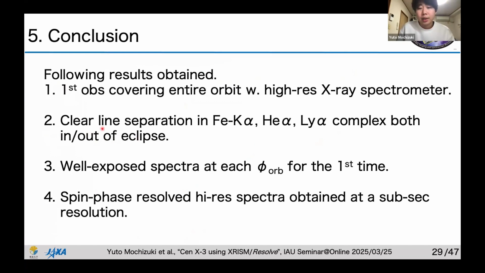Clear line separation was observed in the complex iron lines, K alpha, helium alpha, lyman alpha, both in and out of eclipse. Well-exposed spectra at each orbital phase were obtained for the first time. And spin phase resolved high-resolution spectra were obtained with sub-second resolution.